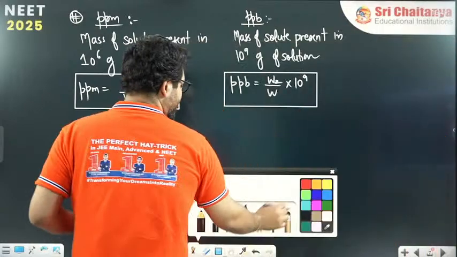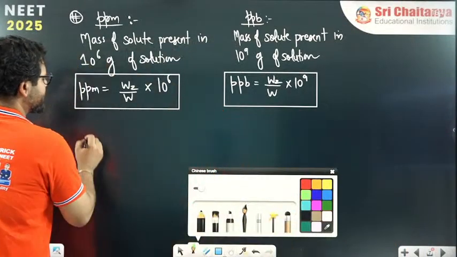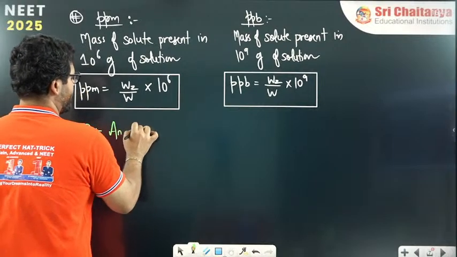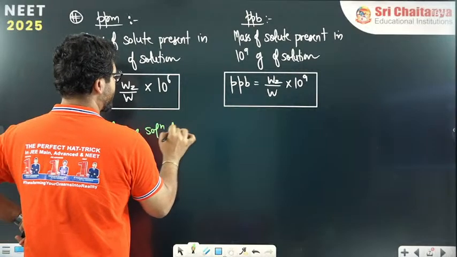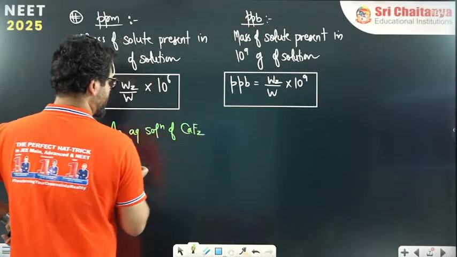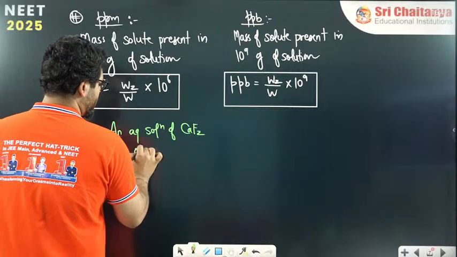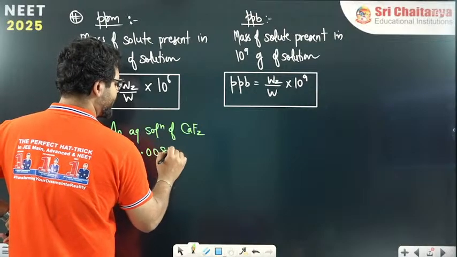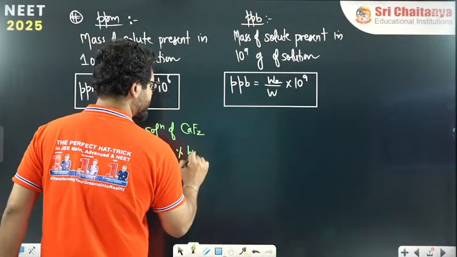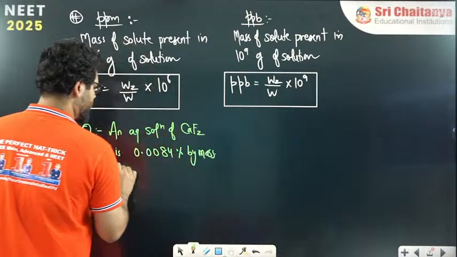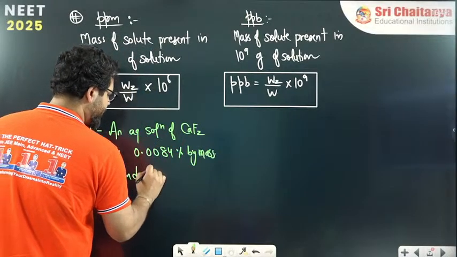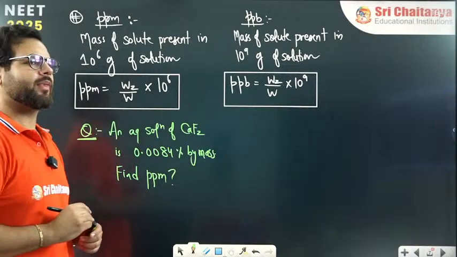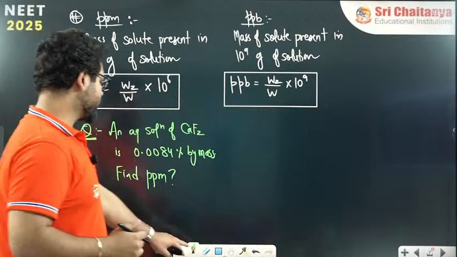Okay, so a question can be asked like this. An aqueous solution of calcium fluoride is 0.0084% by mass. Find ppm. That could be a question. Or find ppb also could be a question.